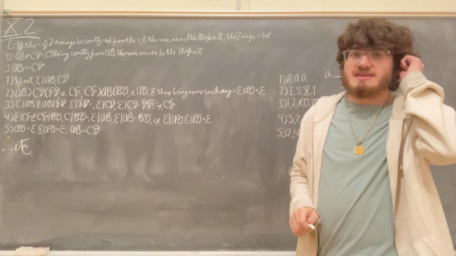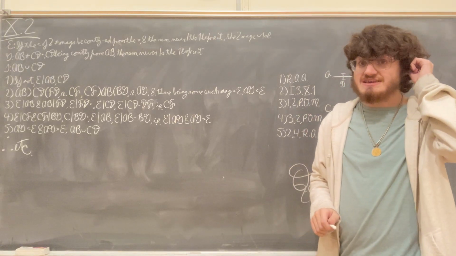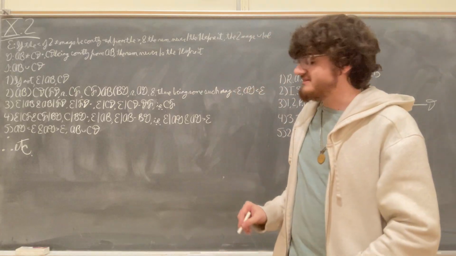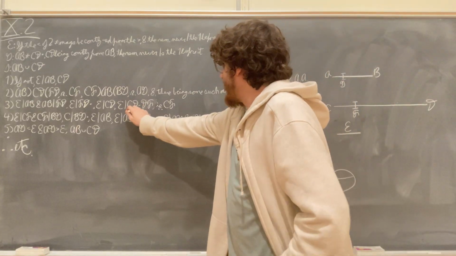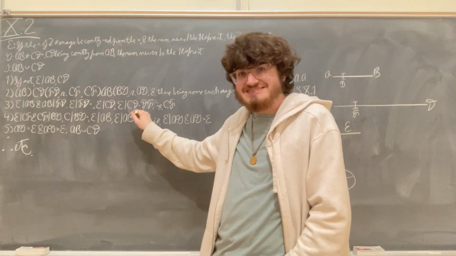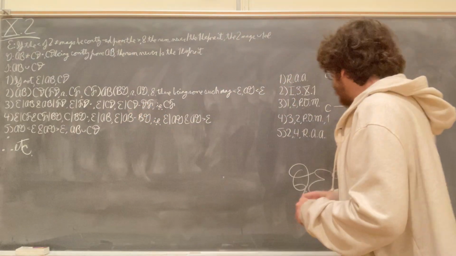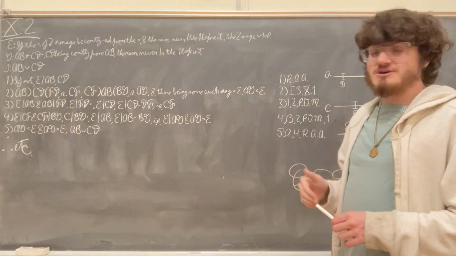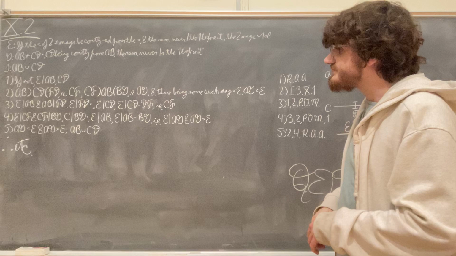But we also know that E measures the whole CD. So E is also going to measure, again by a property of magnitudes, the difference of CD from DF. E is going to measure CD minus DF, which we know is the magnitude CF. So E is going to measure CF.